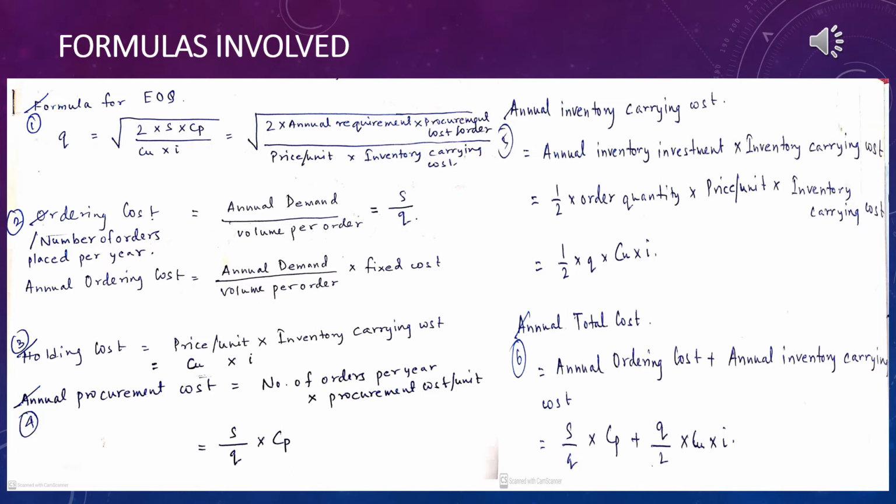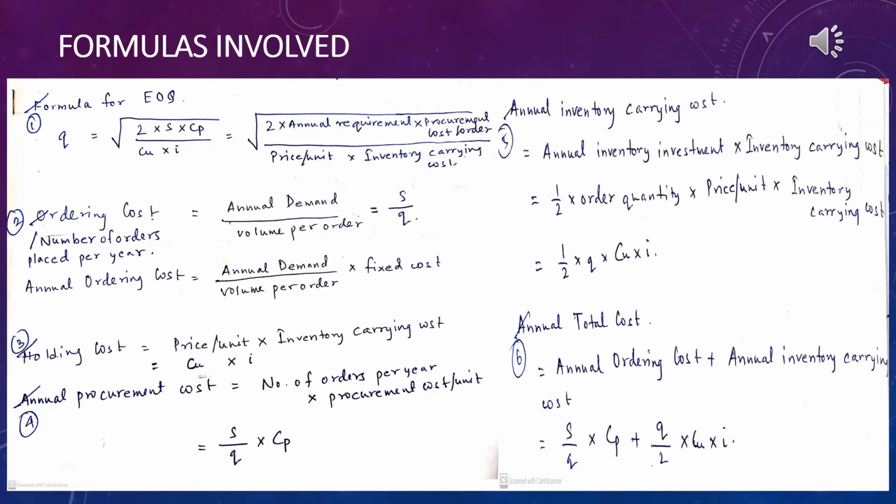The cost of putting through each order and inventory carrying costs per month are computed at rupees 36, and 1.5% of the average inventory investment respectively. We have to find out at which economic lot the item should be purchased to minimize the total cost. So basically we have to find out the EOQ.